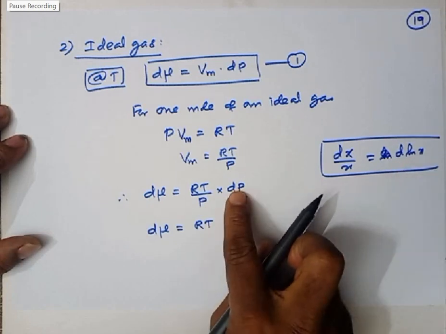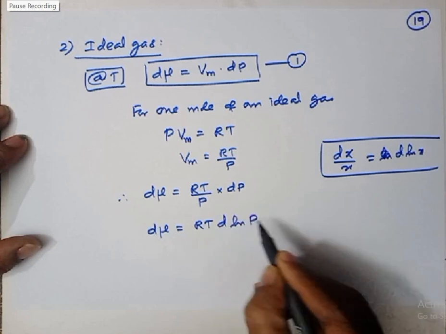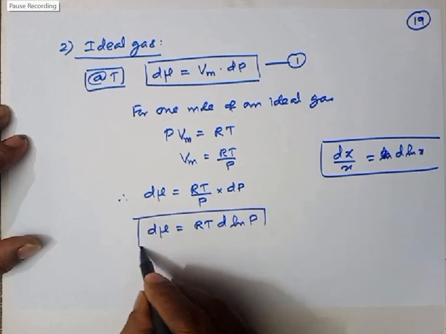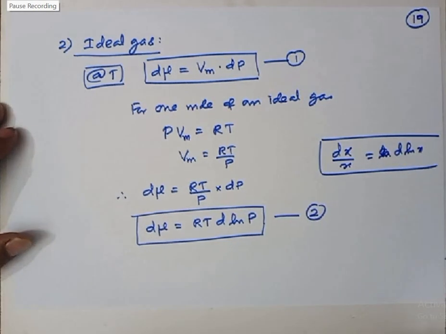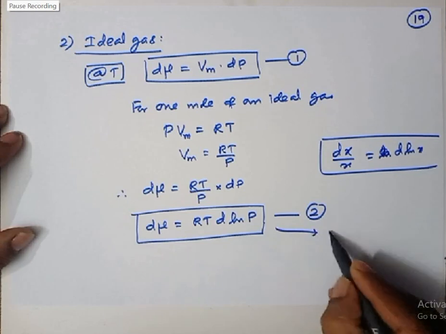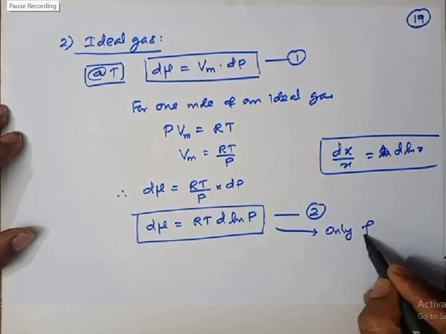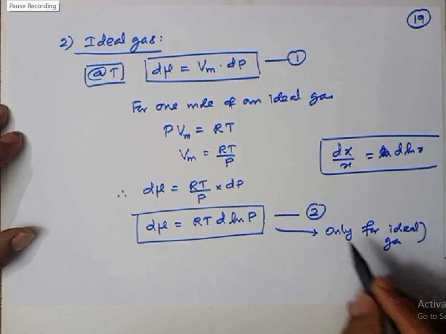So dP by P can be written as d ln P. Take down. This is an important equation. Let me take this as equation number 2. This equation is applicable only for ideal gas. Okay, take down.